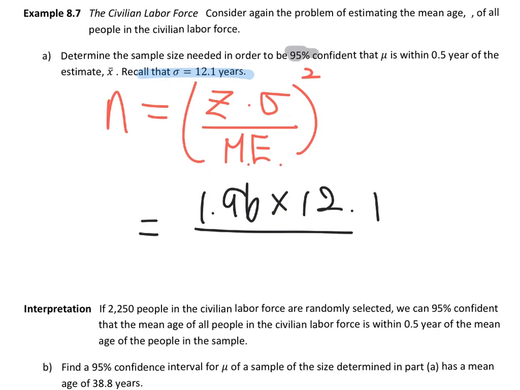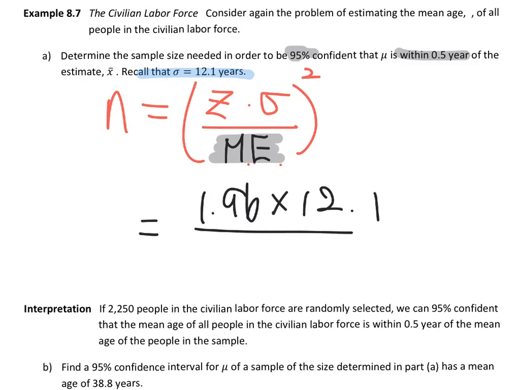12.1. And now we need the margin of error. Can you see the margin of error? Within 0.5. See, the confidence interval was formed as the point estimate x bar, plus and minus the margin of error.